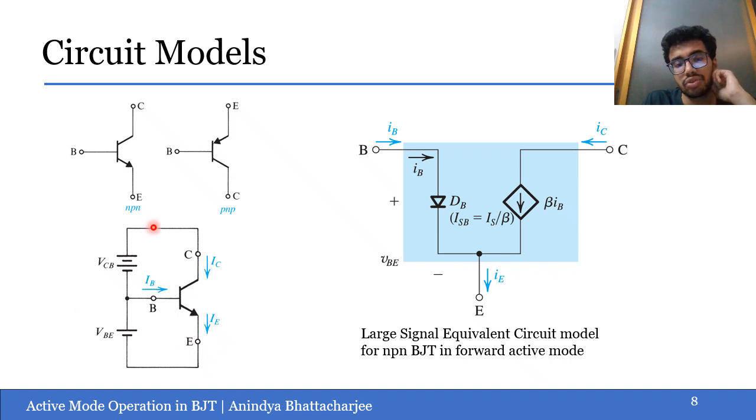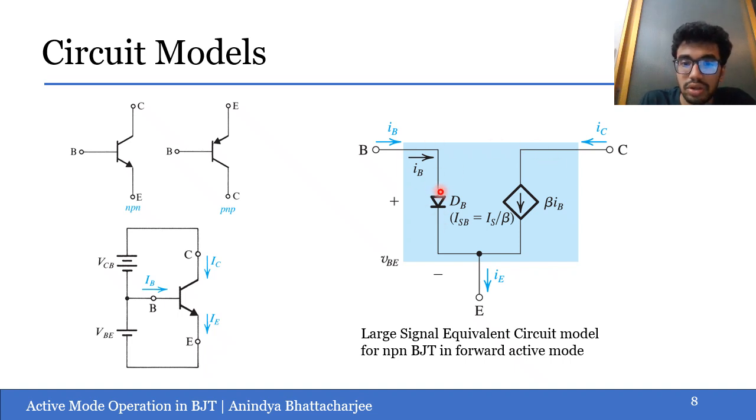And here we are showing the circuit for the active mode of operation, and here we are showing a large signal equivalent circuit model. What this actually means is that this bipolar junction transistor is modeled using a diode and a current controlled current source to simplify our calculations in a typical circuit application.